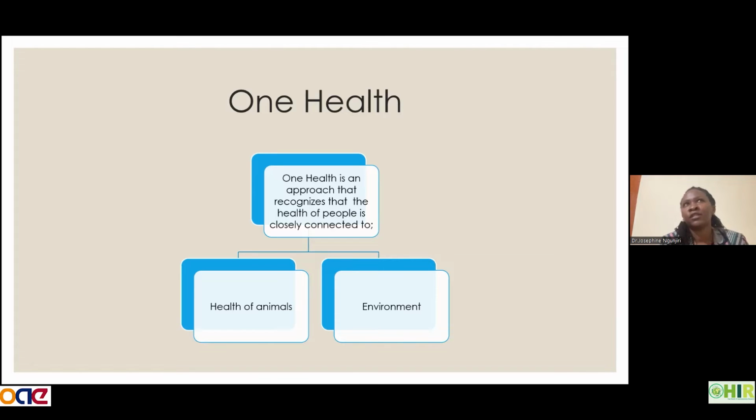In the just concluded presentation on schistosomiasis, we saw how integrated the disease transmission is, considering the environmental factors and also the animals acting as reservoirs. So I think this is one of the key approaches that we are not going to lose in the future. It will continue being operational for the foreseeable future. Next slide, please.